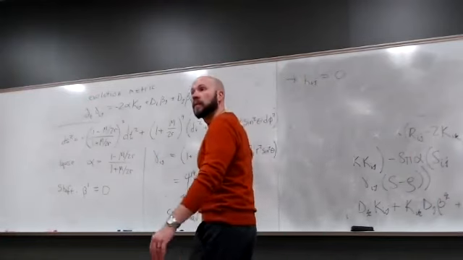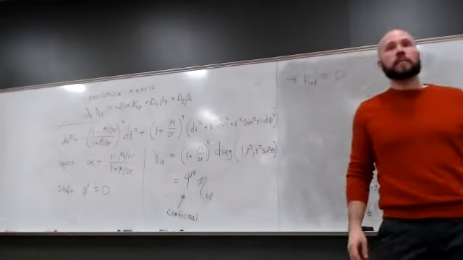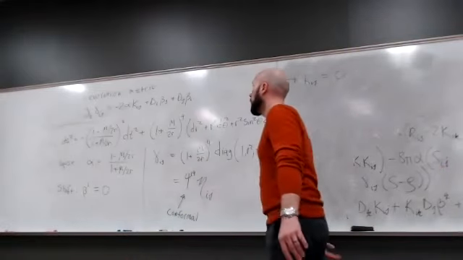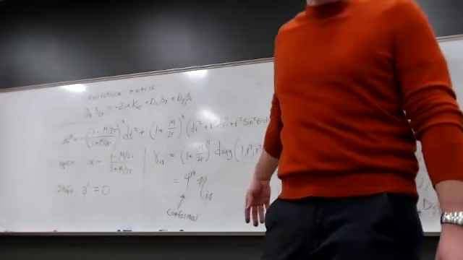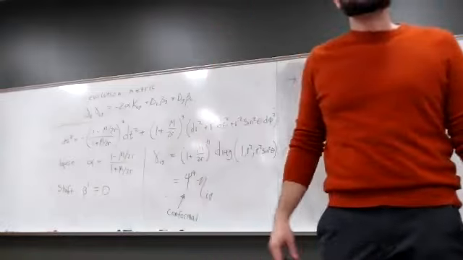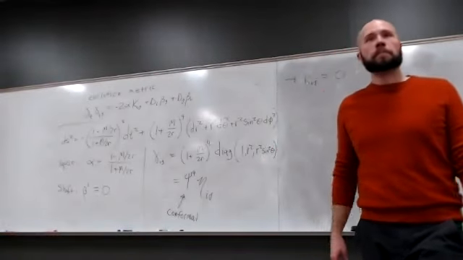There's no time components, so it's steady state. And so the evolution equation for the extrinsic curvature will also be 0. Partial t K ij is 0. Easy peasy. Steady state.